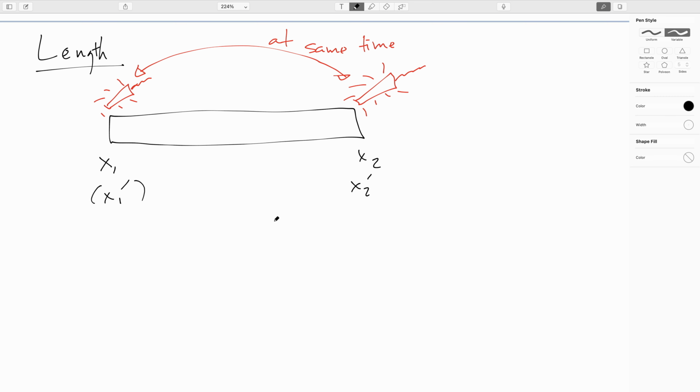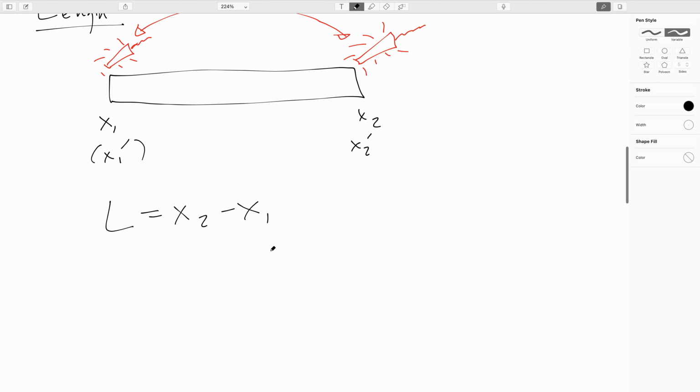So how long would S say our stick here is? Well, they would say that the length is x2 minus x1. Well, let's see how long S prime says it is and see how that compares. S prime would say that the length that they measure would be x2 prime minus x1 prime. But we can go ahead and substitute in the Galilean transformation and observe that x2 prime was x2 minus vt.